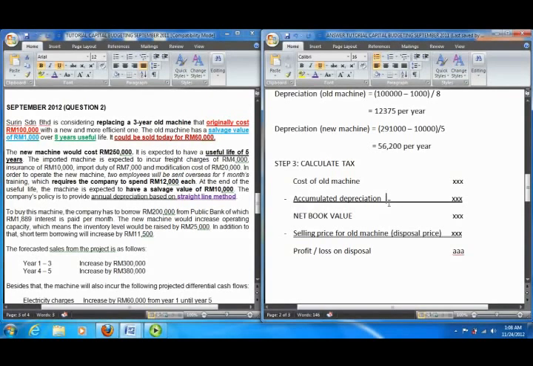Okay class, how to calculate accumulated depreciation?